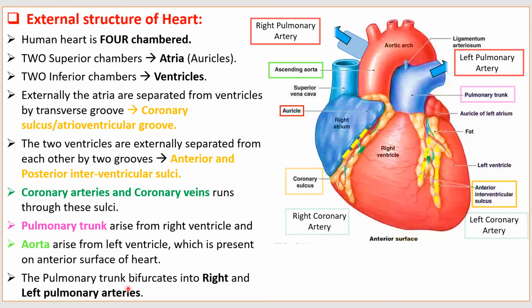The pulmonary trunk bifurcates. Look here, this pulmonary trunk bifurcates. One branch is called the left pulmonary artery and the other branch is called the right pulmonary artery. So the pulmonary trunk bifurcates into right and left pulmonary arteries.